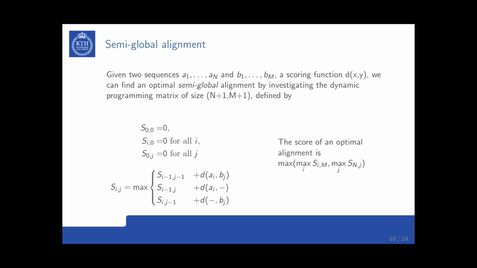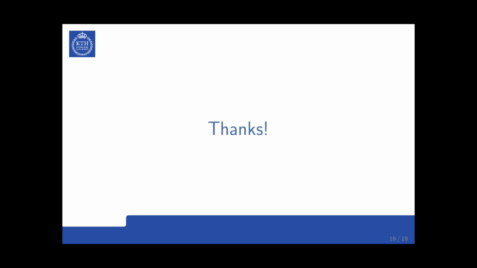And the final score is calculated as the maximal element on the rightmost column or the bottommost row, and you do backtracing from that to whatever position you end up in. I will not use any examples of this here in the lecture. So thank you.